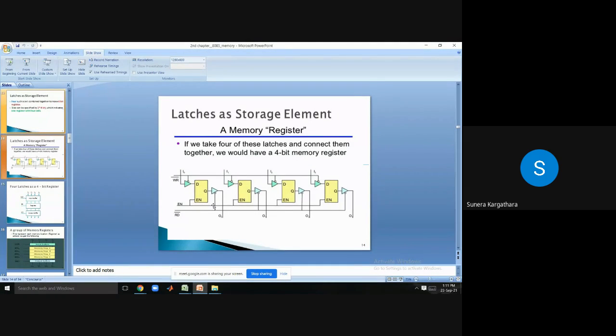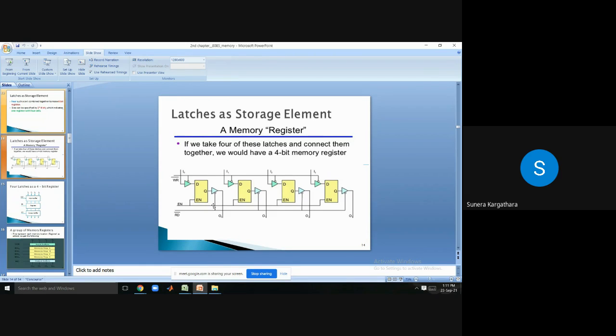Now, depending upon how many bits you want to store into the memory, you need to combine it. Right? The basic element is always the flip-flop. Suppose you are designing some circuit, what are the basic elements? Same way, if you are designing a memory, what is the basic element? Flip-flop is the basic element. Which flip-flop?